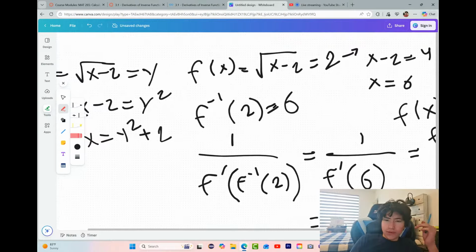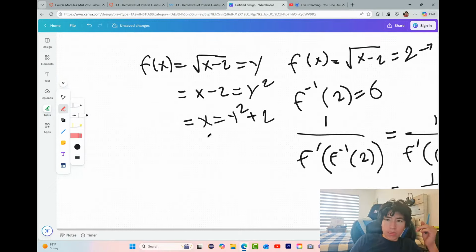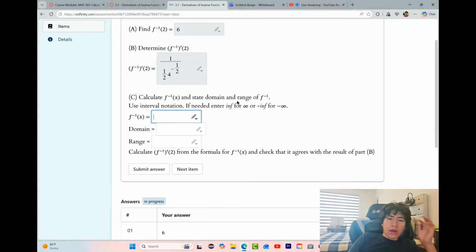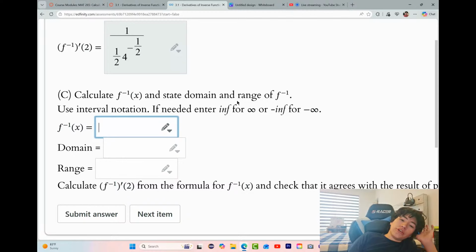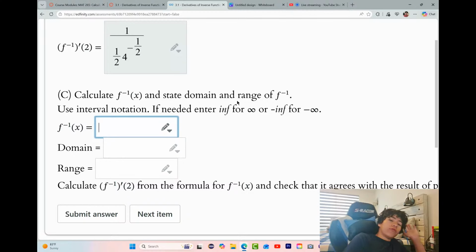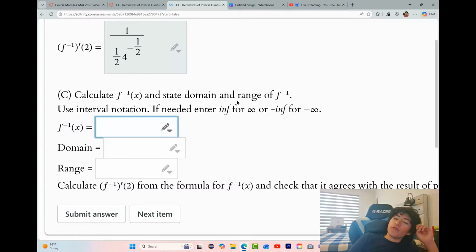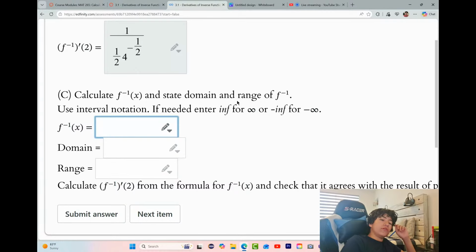Am I doing this right? I sure hope I am. State the domain and range of the inverse of f of x. Use interval notation. If needed, enter inf for infinity and negative inf for negative infinity.